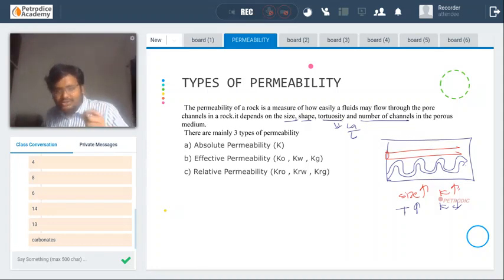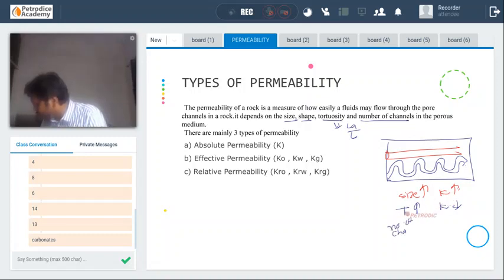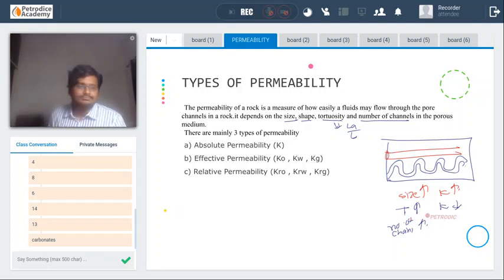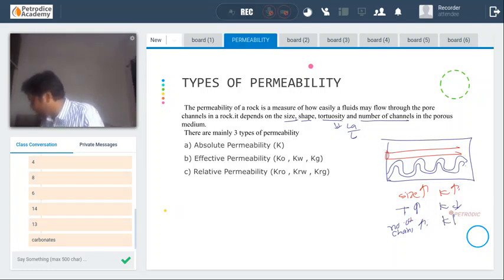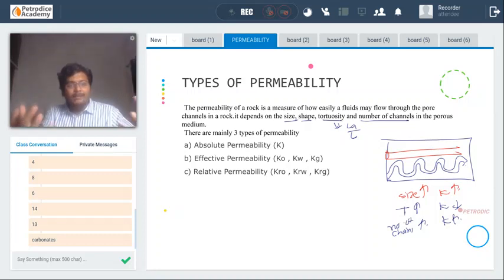So the tortuosity will also influence the permeability in a rock system, and as the number of channels increases, automatically the permeability increases because it can take more fluid at the same time.